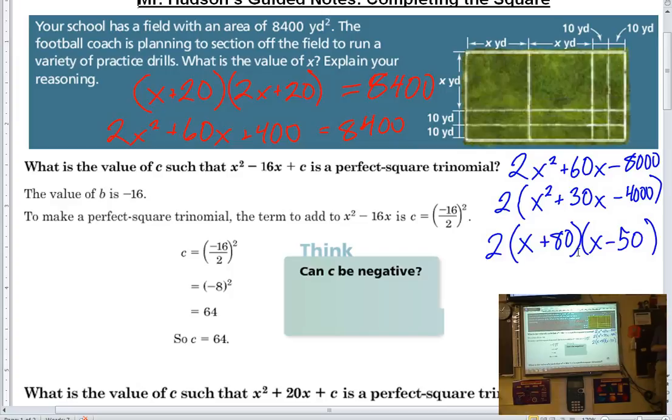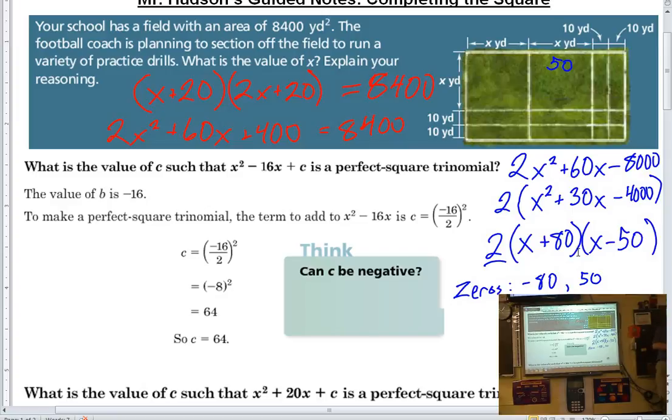But what does that really mean for my question here? So my zeros are negative 80 and 50. But the question I'm going to pose is, does that mean that x is 50? Because what about this 2?